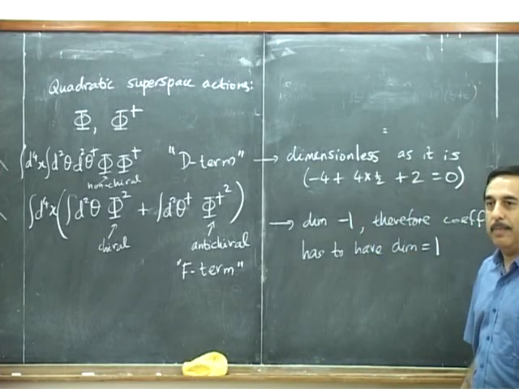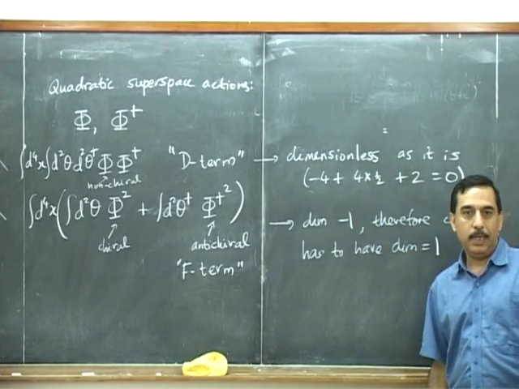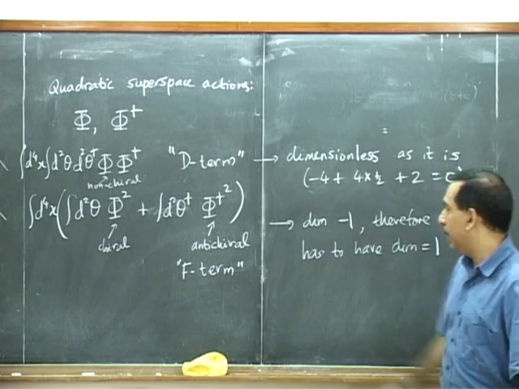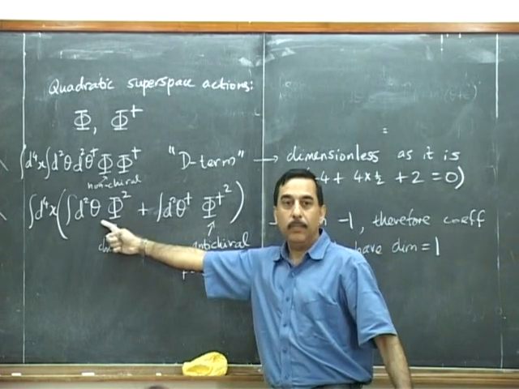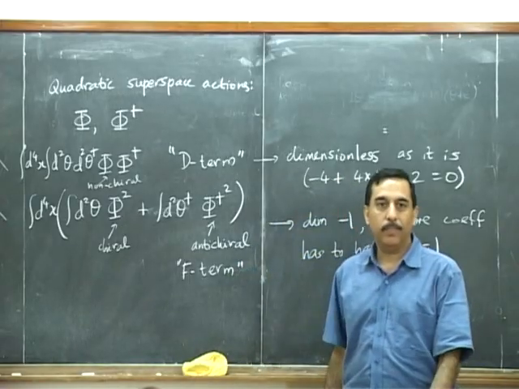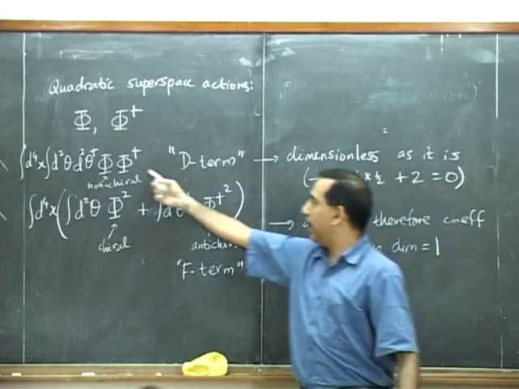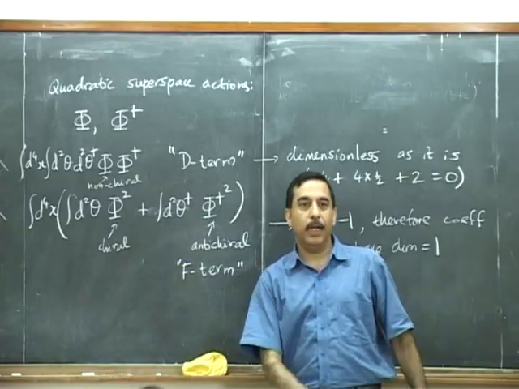Now in a free theory, the only dimensional coefficient around is the mass, and this teaches us that this is going to be a mass term and the coefficient should be m. Okay? While this one, having no coefficient, we expect it to be a kinetic term.